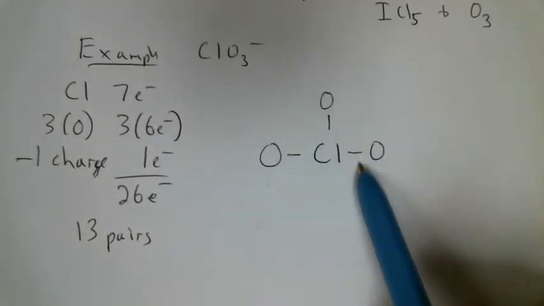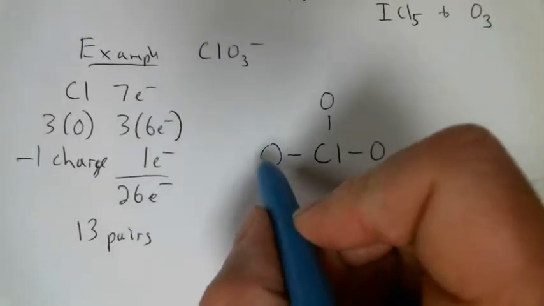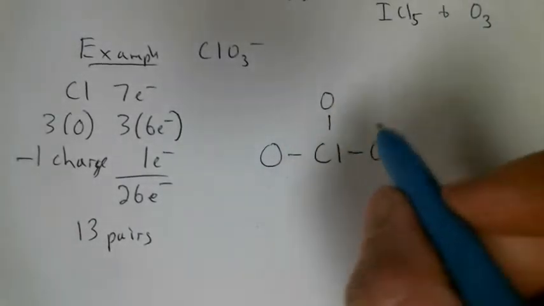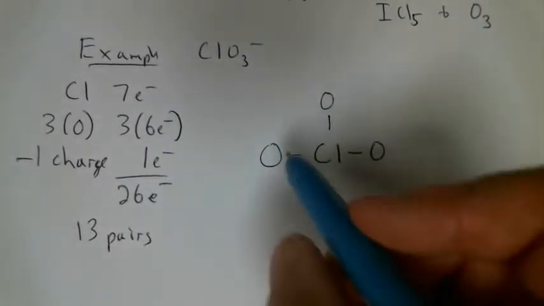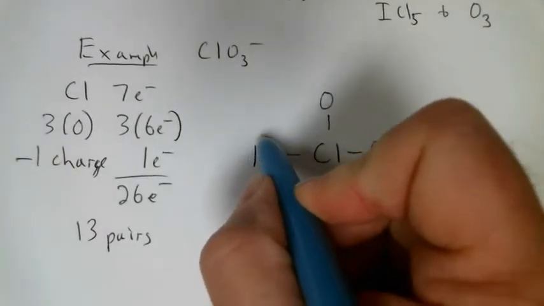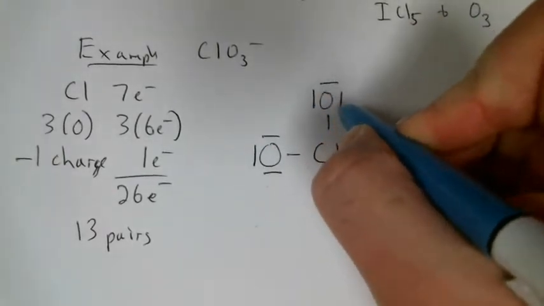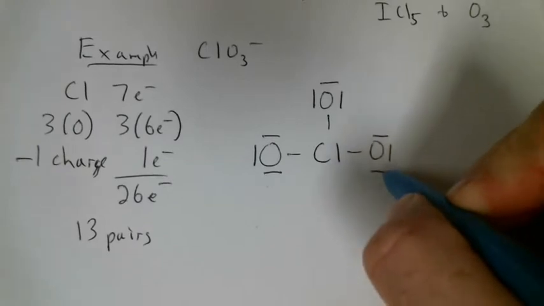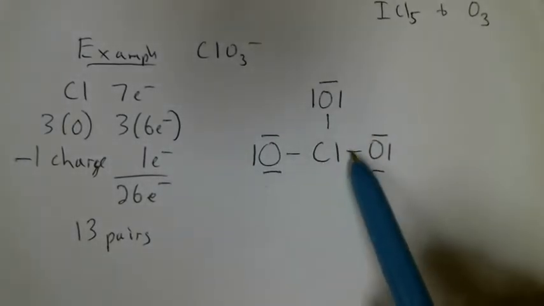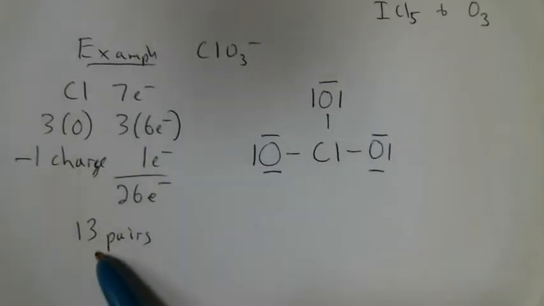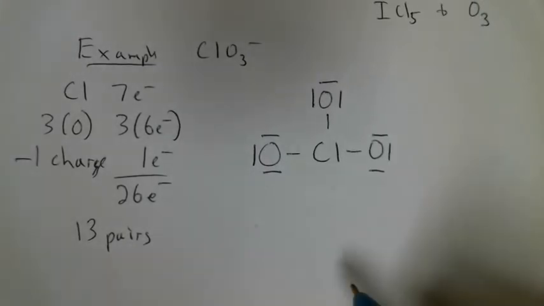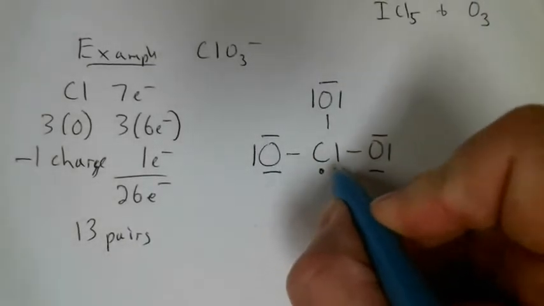So we've got 3 pairs used. I'm just going to go ahead and fill in the octets for the oxygens until we get to 13. So 1, 2, 3, 4, 5, 6, 7, 8, 9, 10, 11, 12. Okay, so we've filled the octets on oxygen, but we still have another pair of electrons. So it looks like that one's going to have to go on the chlorine.